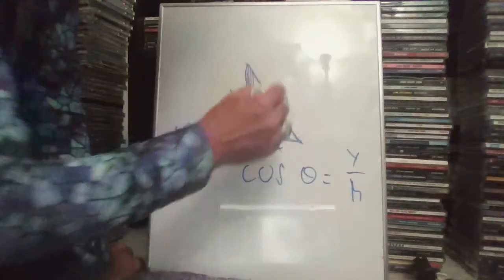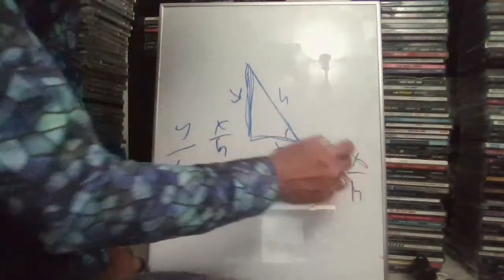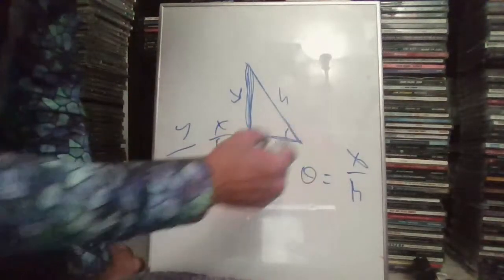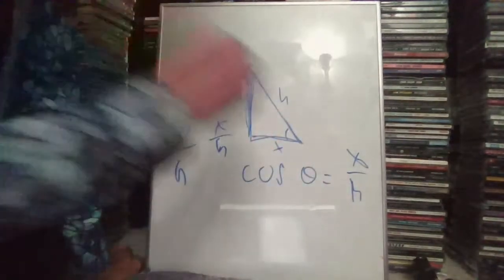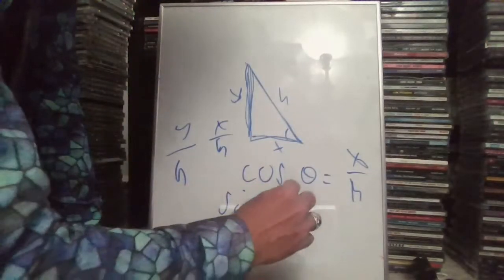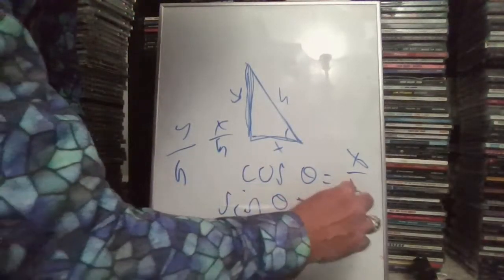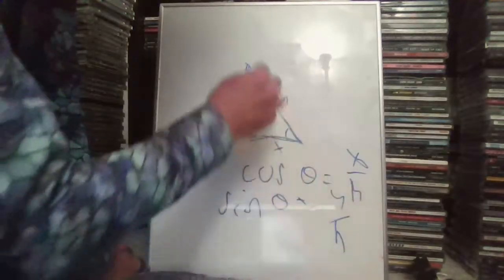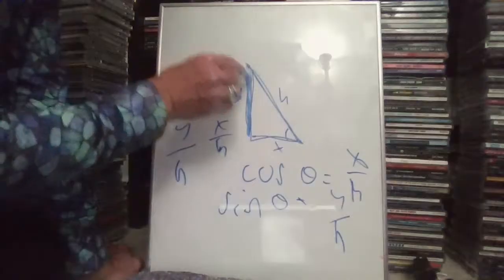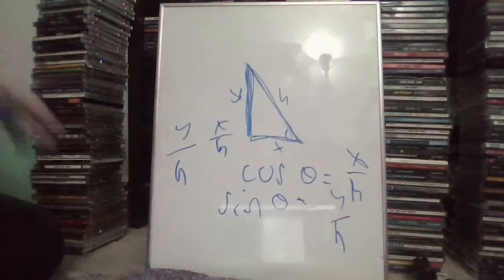And if h is 1, then that's just x, the horizontal coordinate. And then sine theta is y over h, and if h is 1, that's just y. So sine is the up and down part if h is 1, or they call it unity.